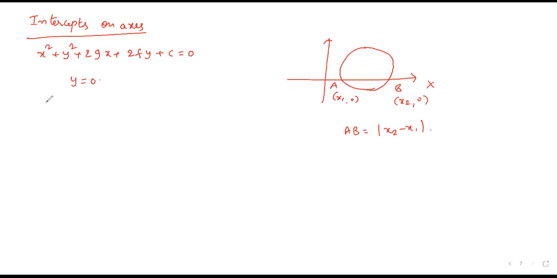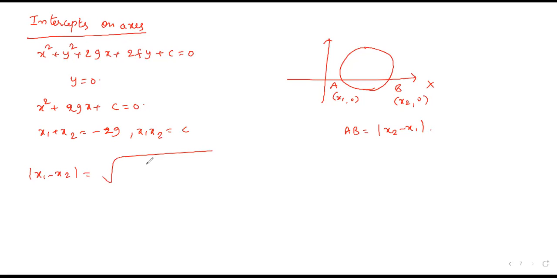So by putting y equal to 0, what do you get? x square plus 2gx plus c equal to 0. This is a quadratic equation in the variable x, and a quadratic equation means it has two roots. Those two roots are nothing but x1 and x2. So for this, the sum of the roots is minus 2g, and the product of the roots is c by a, that is c. So now we have to find mod x1 minus x2.